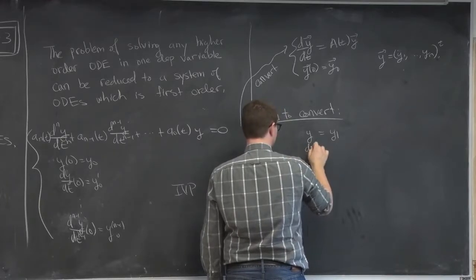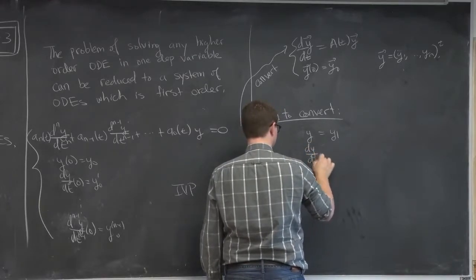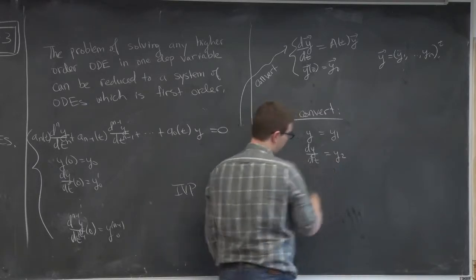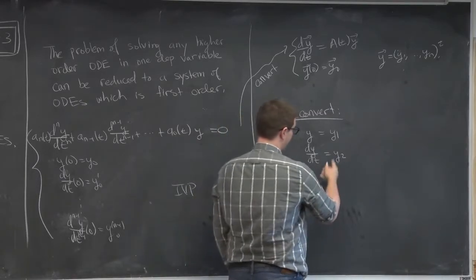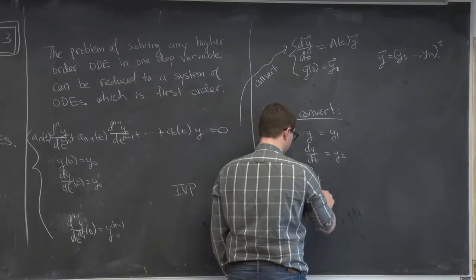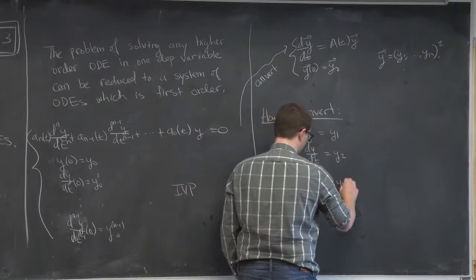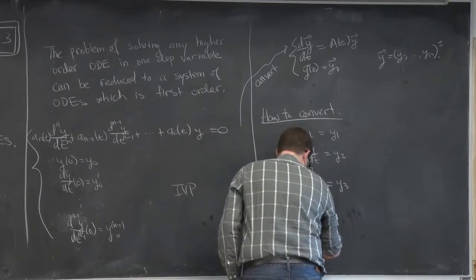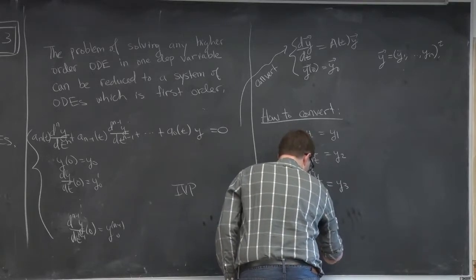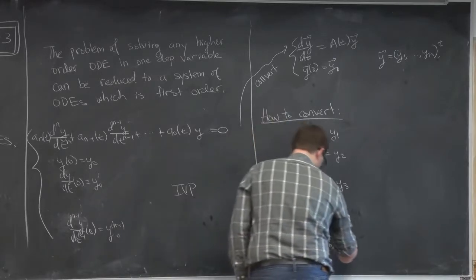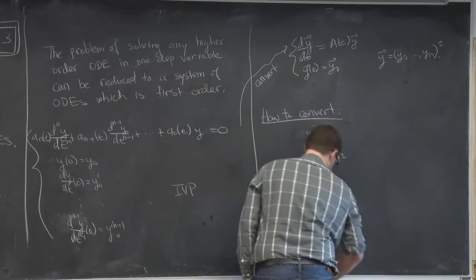And then we have dy/dt, this is y2, and so on and so forth. Sometimes people write velocity when it's second order, d^2y/dt^2, so this is y3, etc. And then you have d^(n-1)y/dt^(n-1), and so this will be yn, like this.